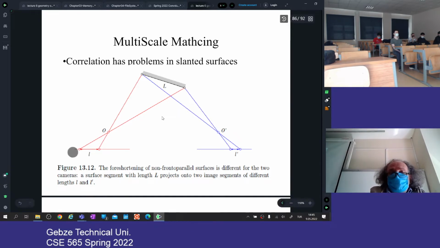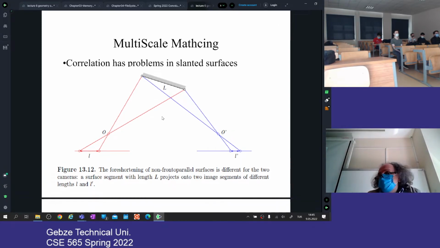On this camera I see a very long line, but for this one it's a very short line. So SSD-based or SAD-based correspondence methods will not work very well, right? In this case, I don't have the choice of using the window-based correspondence establishment method.